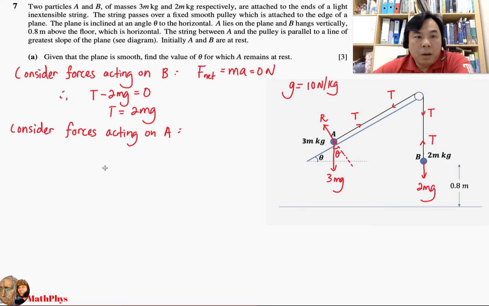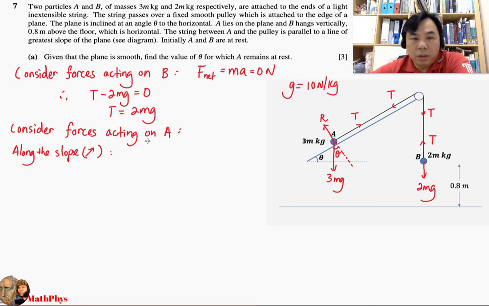Now, considering forces acting on A is a bit harder, because in this case you want to consider the forces along the slope or perpendicular to the slope. So we will consider the forces along the slope. Sometimes I'll just write down this symbol for along the slope.